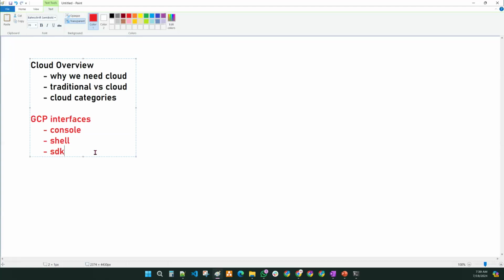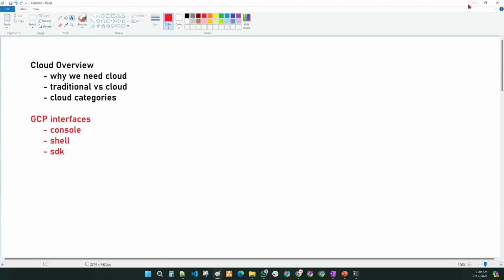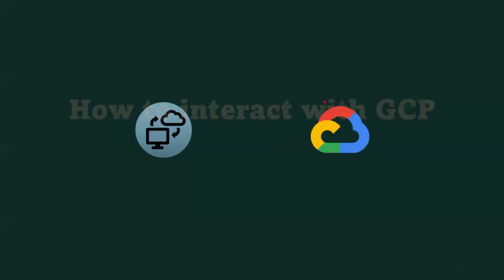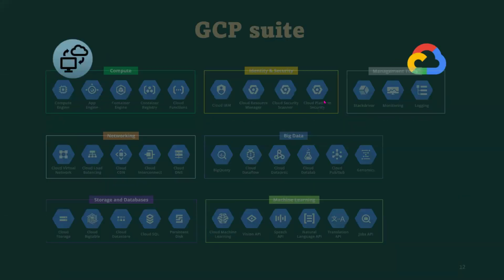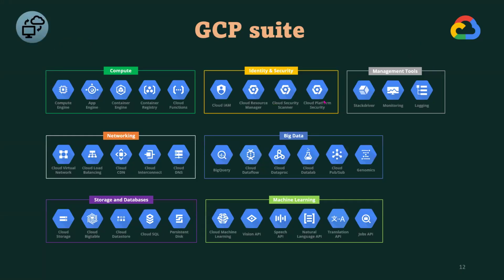So what are GCP interfaces? To give you the context, in Google Cloud Platform, as I already told you, we have plenty of services. We have compute services, IAM services, data services, machine learning services, as well as networking, storage and database services.